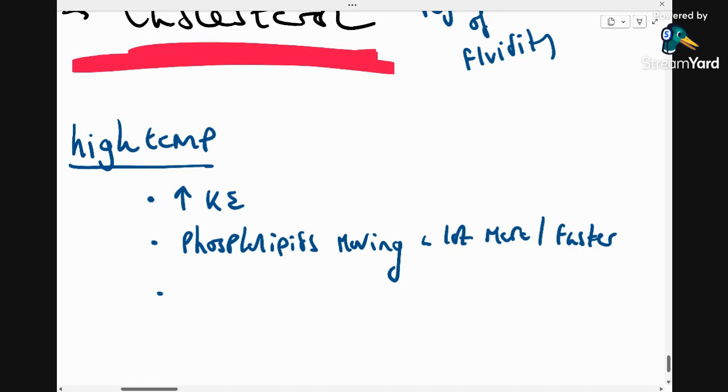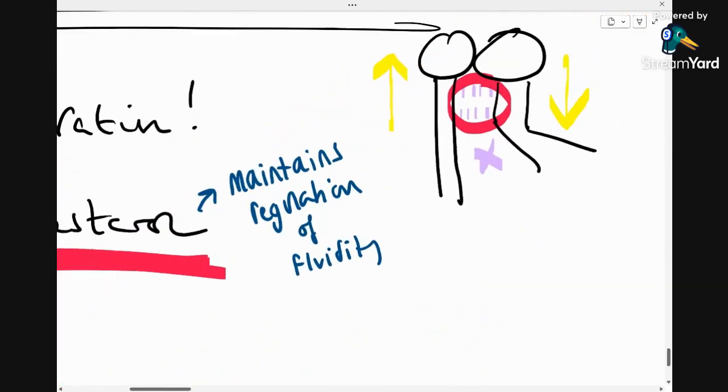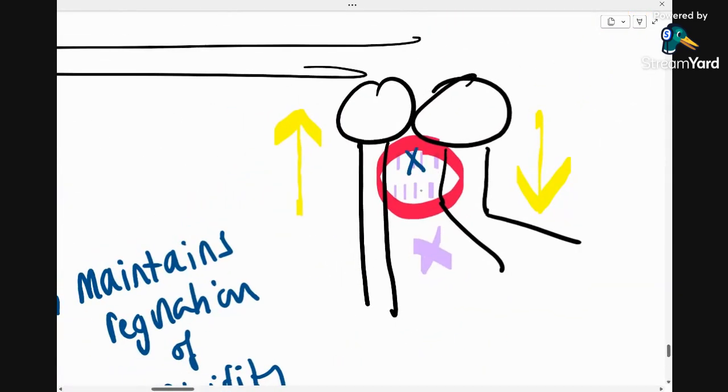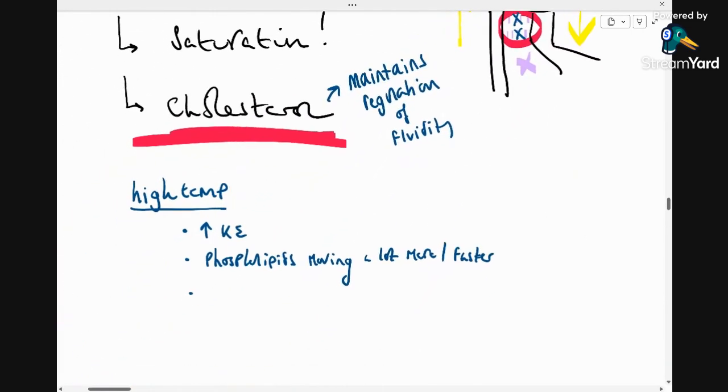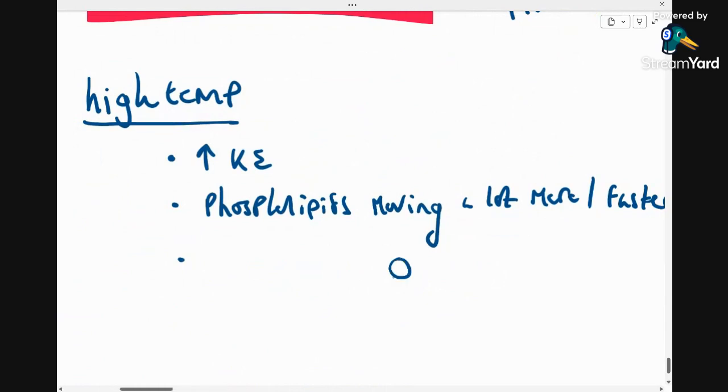And you're in danger of essentially having enough kinetic energy to break these London dispersion forces and disintegrate the membrane. Essentially break the membrane apart, so that the phospholipids are no longer interacting with each other, and we now have a hole in the membrane.